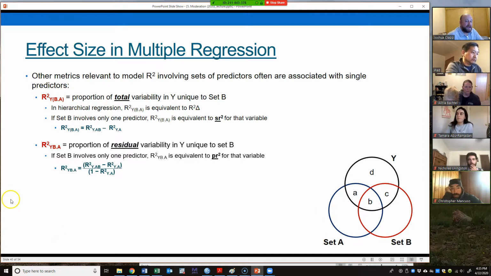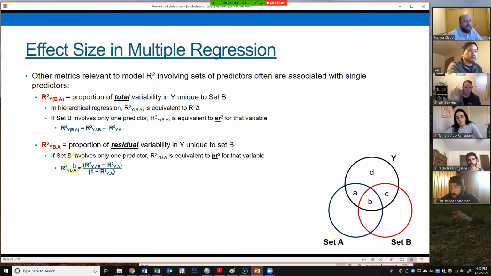I can also calculate R squared YB given A. This is going to be the proportion of residual variability in Y that's unique to B, right? If set B is only one predictor, then this is like my partial correlation. So if I'm looking at my partial correlation of B, this is just region C over D plus C, because A is accounted for by other stuff. We're pulling this out of the model and just looking at our residual variability here.